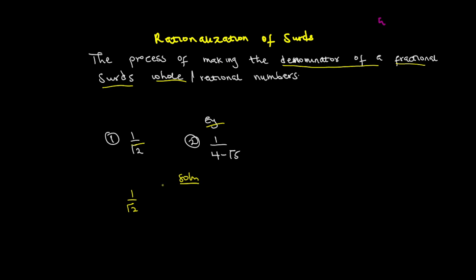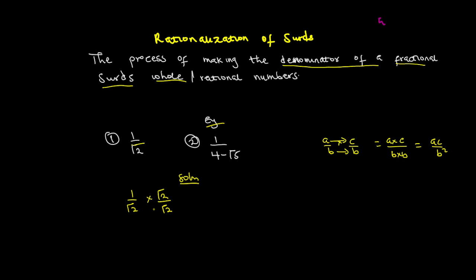Now let's move on. So we multiply by root of 2 over root of 2, but this time we don't cancel, because we want to make the denominator whole. We expand it: a over b times c over b, numerator multiplies numerator and denominator multiplies denominator, giving ac over b squared.